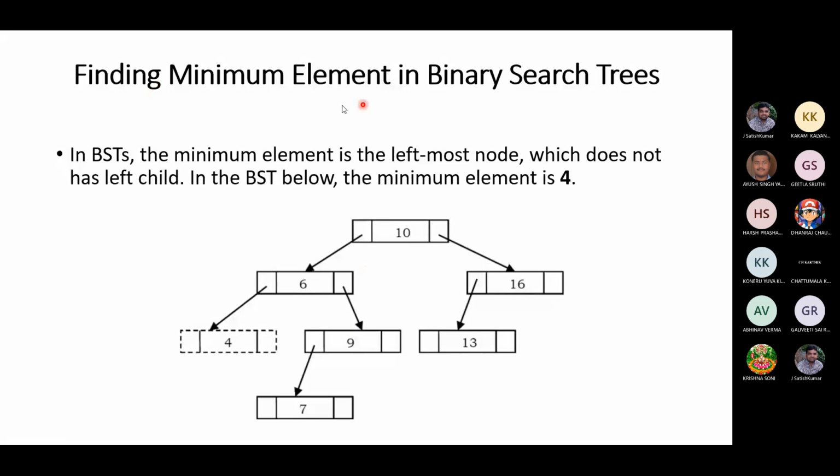Finding the minimum element: the leftmost leaf node will always be your minimum element. The maximum element will be the rightmost child in the BST. You can say that 16 is the maximum element.